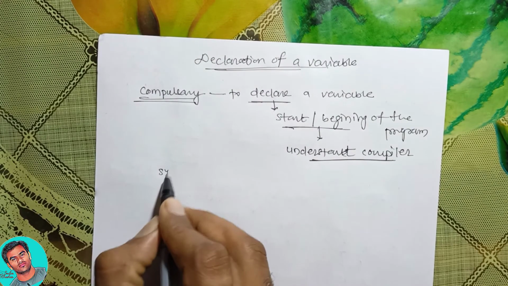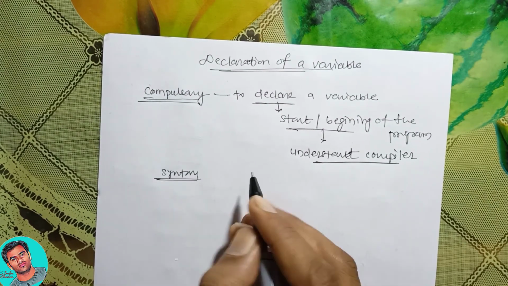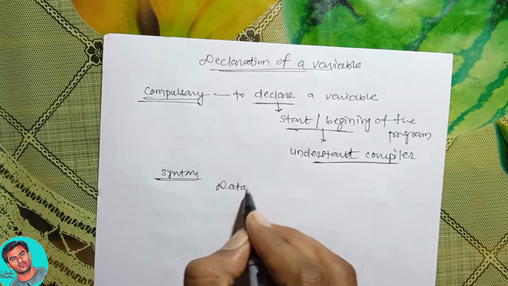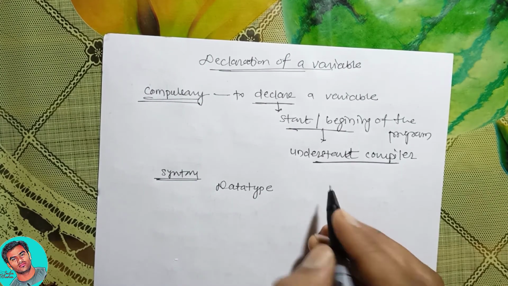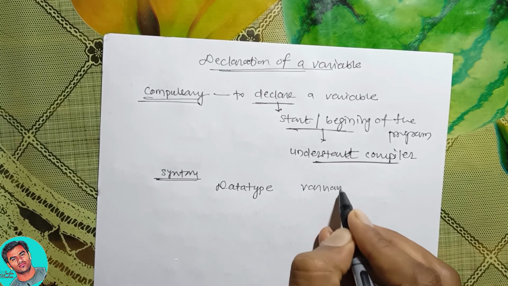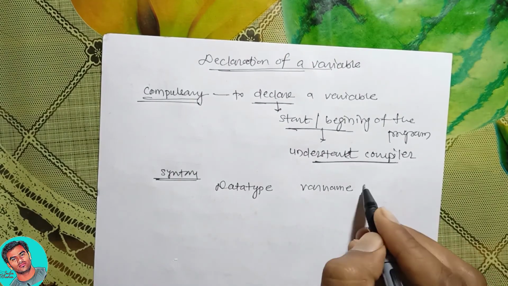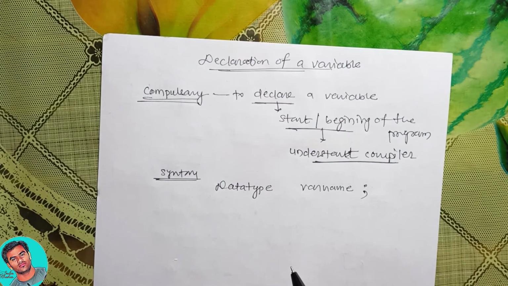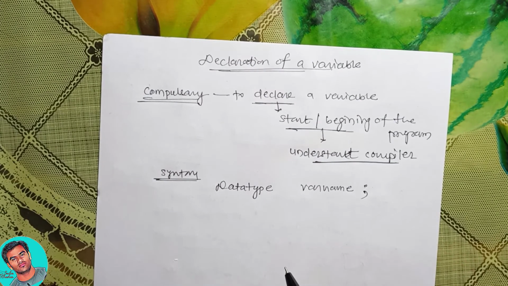So the syntax for this is a data type and a variable name. This is called a declaration, or the syntax of a variable.